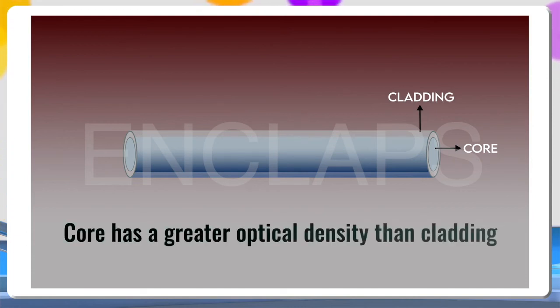In this figure, you can see the structure of an OFC. The innermost layer is called the core. Electromagnetic signals are transmitted from a source to the receiving device through the core. Cladding is the layer just above the core and serves as a boundary for signals. Core has a greater optical density than the cladding.